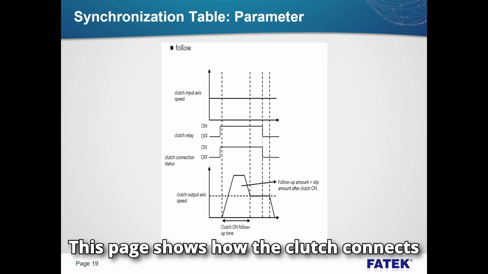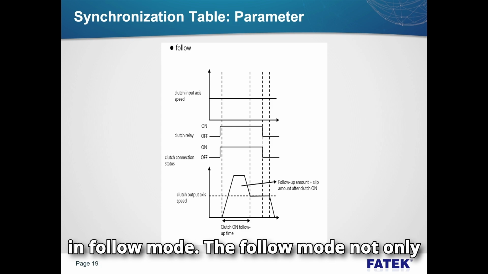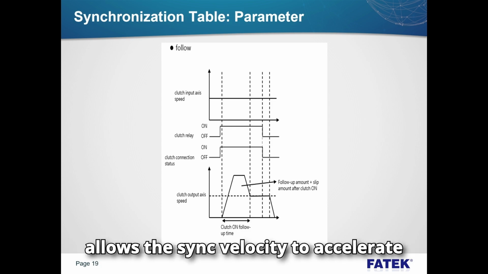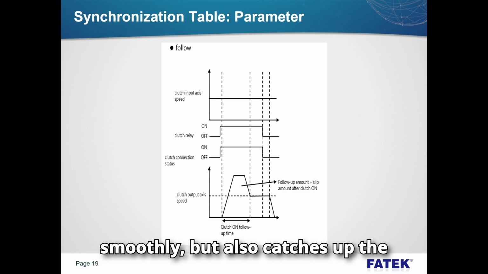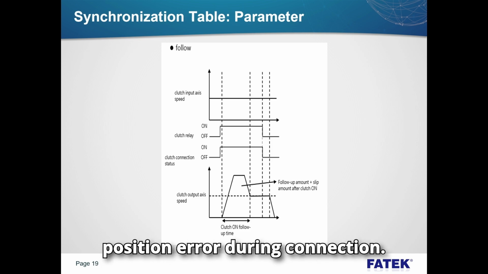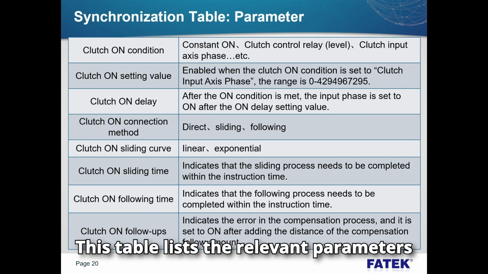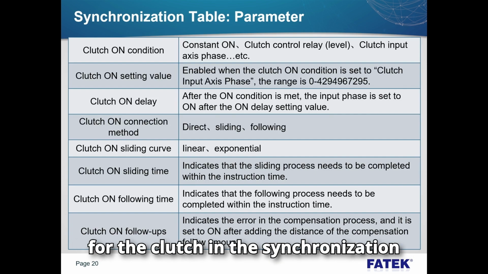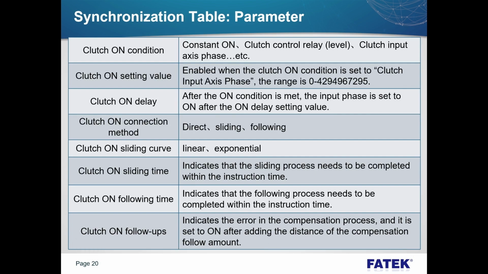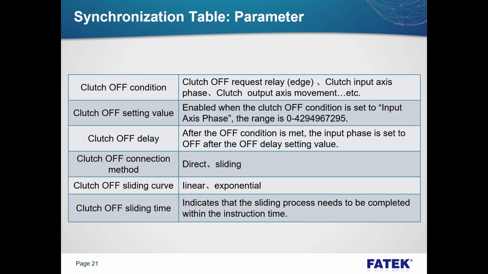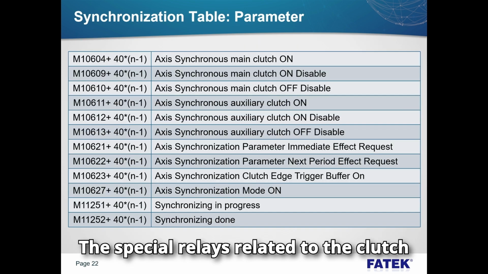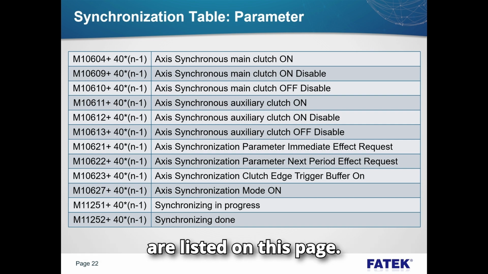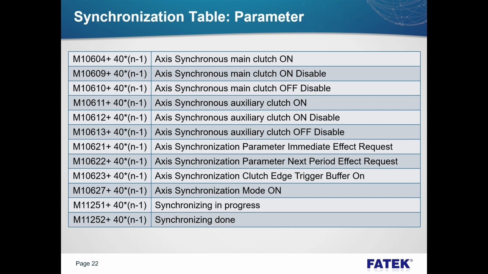This page shows how the clutch connects in follow mode. The follow mode not only allows the sync velocity to accelerate smoothly, but also catches up the position error during connection. This table lists the relevant parameters for the clutch in the synchronization table. The special relays related to the clutch are listed on this page.